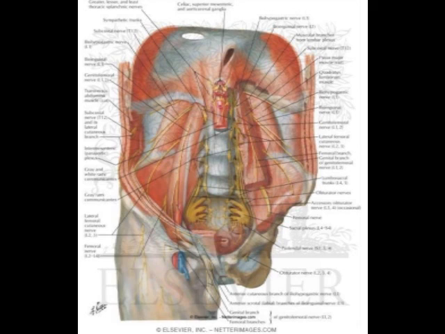There's also the ilioinguinal nerve, which is involved in some hernias, and there's also the anterior branch of the iliohypogastric nerve, which is very close to that other nerve I just mentioned. So it's lower down. The iliohypogastric nerve is lower down.